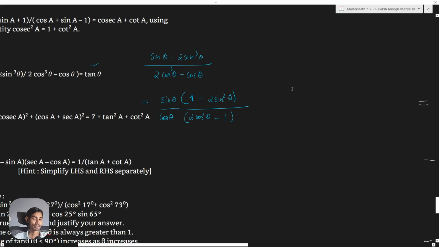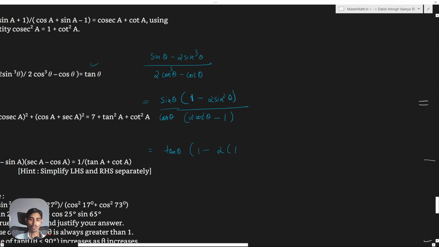Any suggestions? Yes, Daksh. So I guess we can write sine square theta as 1 minus cos square theta. Excellent. So again, there are 2-3 things that you could do. We'll do one thing first, and then you will understand why we can have multiple options.